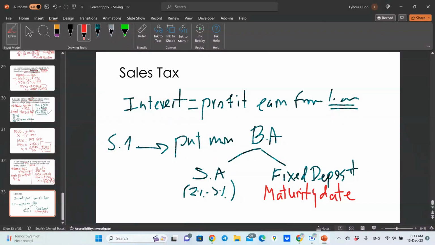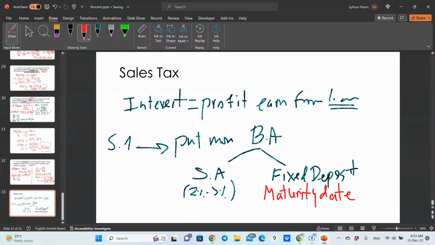Meaning that I put the money in today, let's say 15 December 2023. Then I put the money in that account, and the bank issues the certificate. That maturity date will be 14 December 2014, so meaning 1 year ahead. Until 1 year ahead, I can withdraw my money.